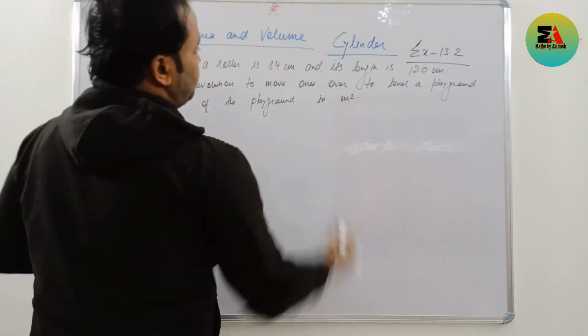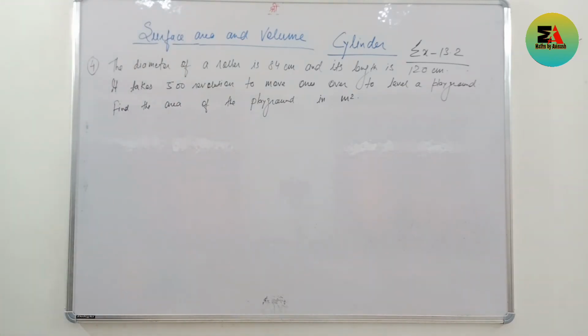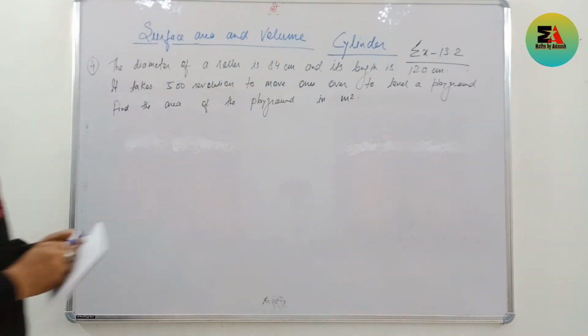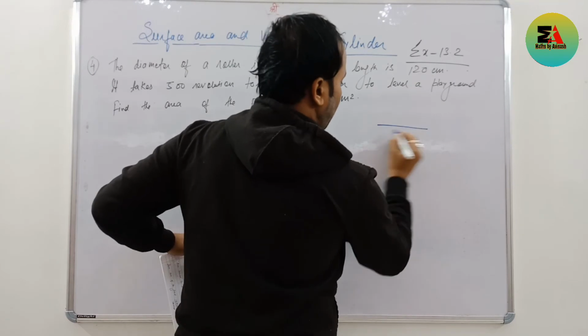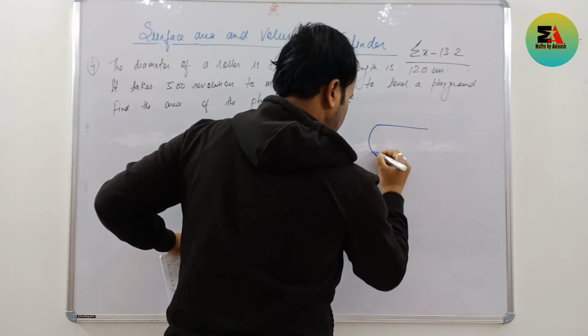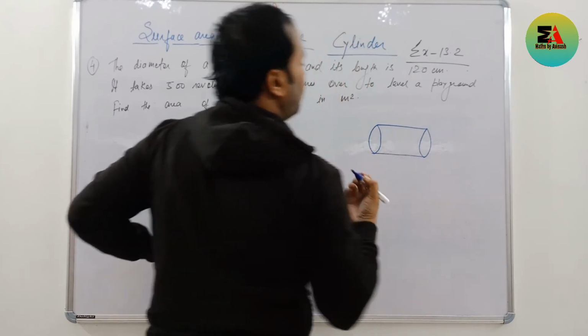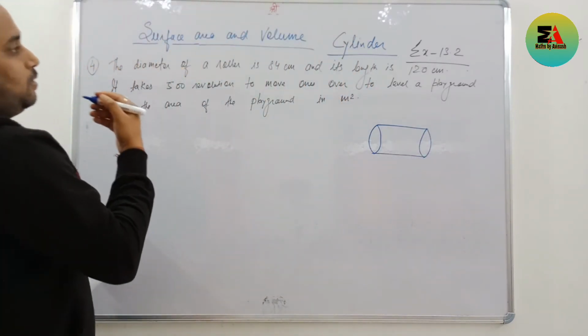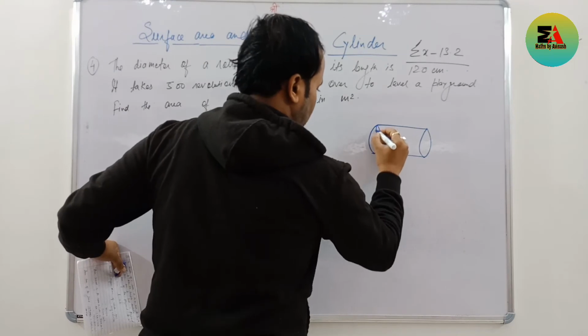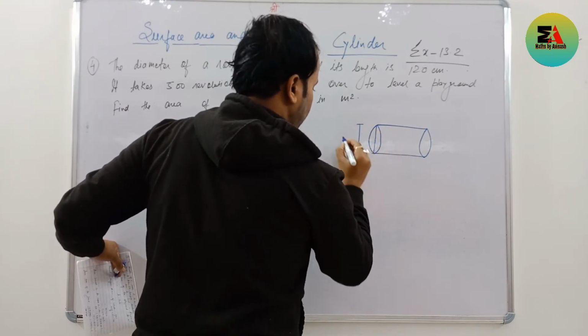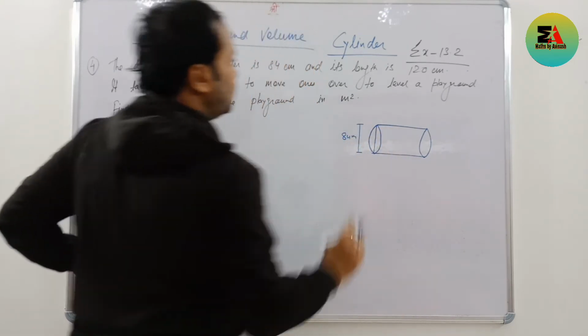We have a road roller. All of you see the road roller. Its diameter is 84 centimeter, this is given.